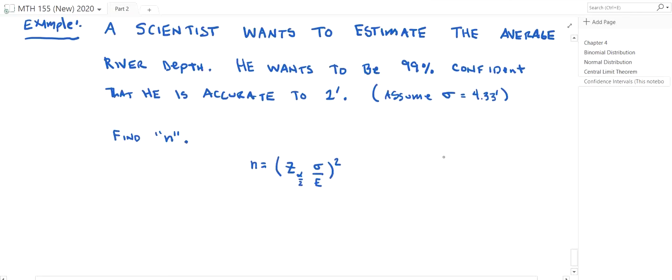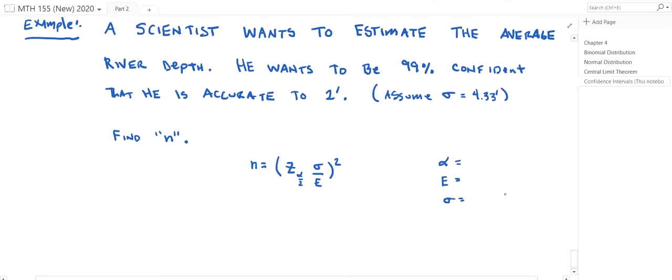Some of the statistics and parameters we need, I'll write over here. So alpha equals, E equals, sigma's in the formula. So those are our 3 values in the formula. Go ahead and try to pick those out.